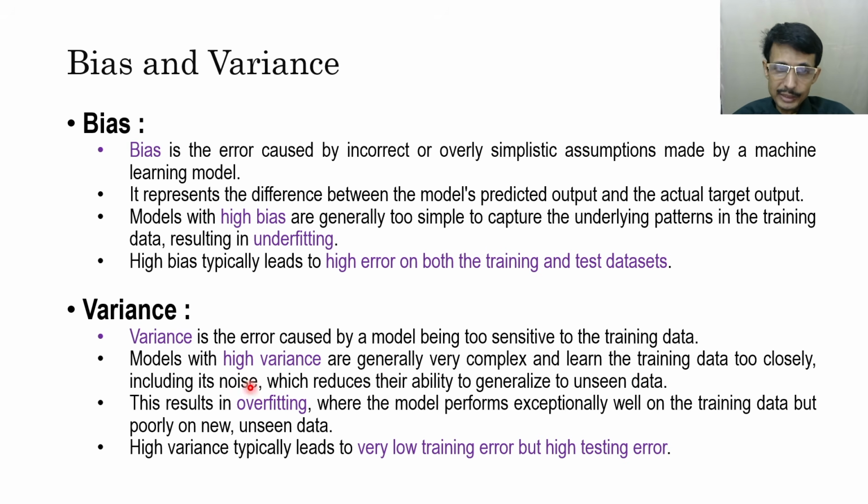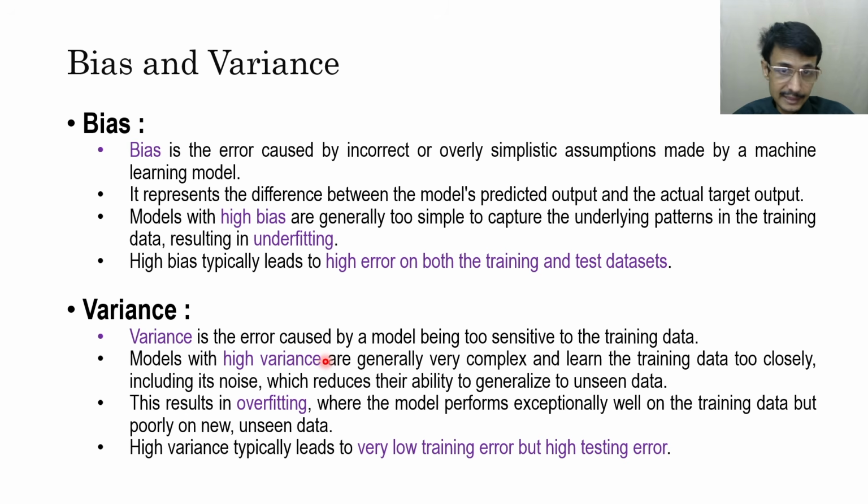In this kind of situation, when our model is too complex or the number of training samples is too small, there is a chance that the model has very high variance.